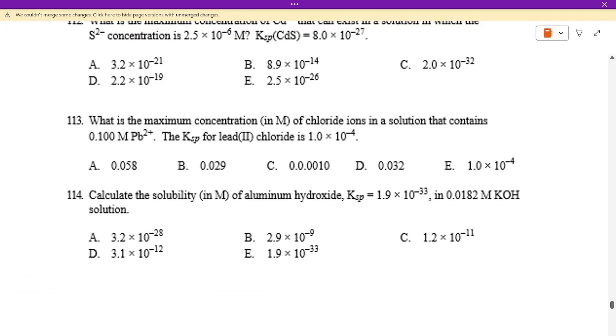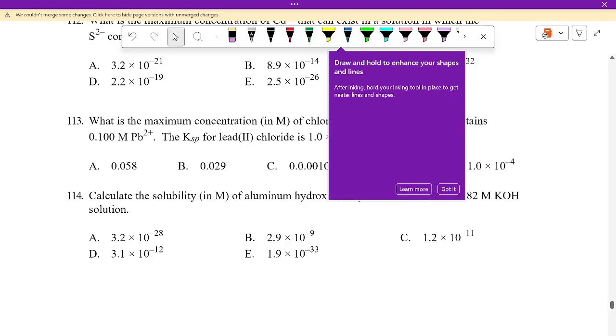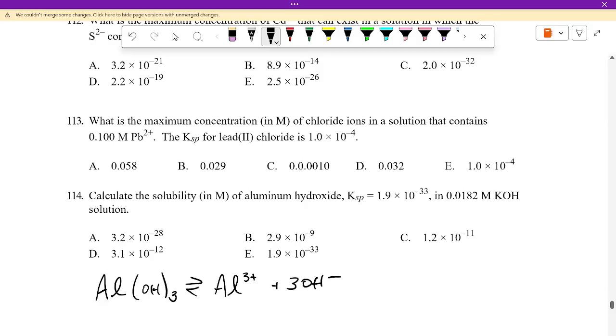Okay, 114. We have aluminum hydroxide, Al(OH)3, which gives Al 3+ plus 3 OH minus. Ksp is [Al 3+][OH minus] cubed.